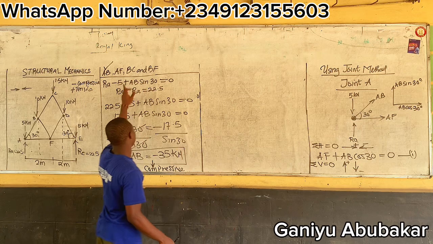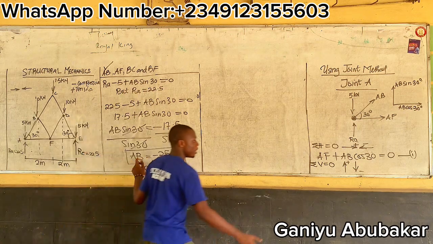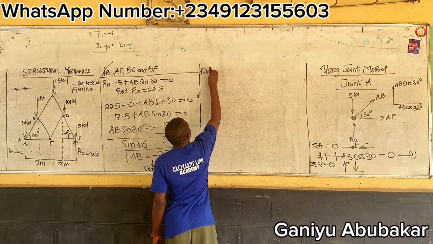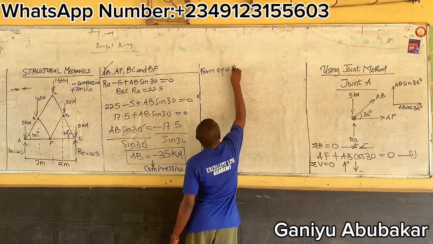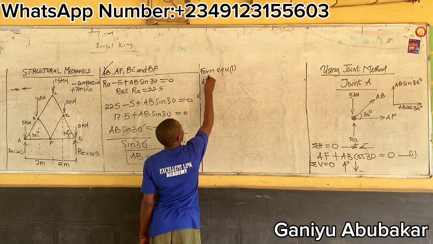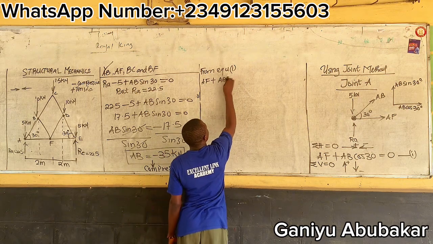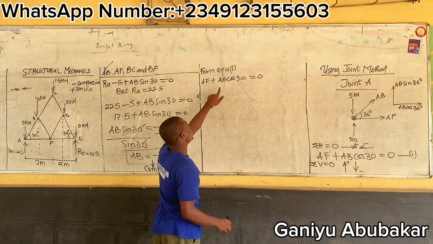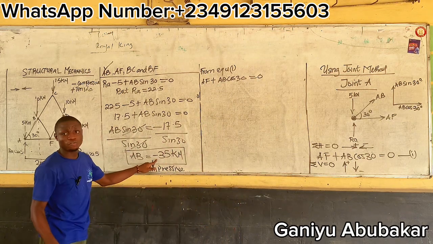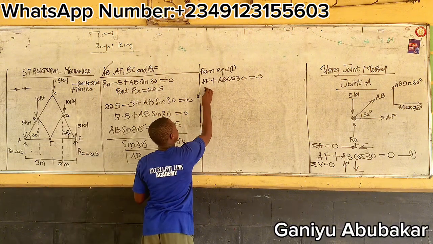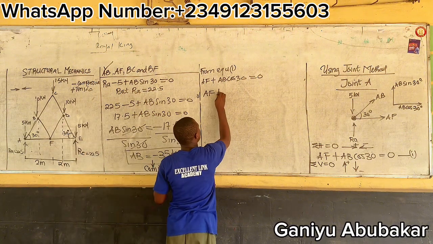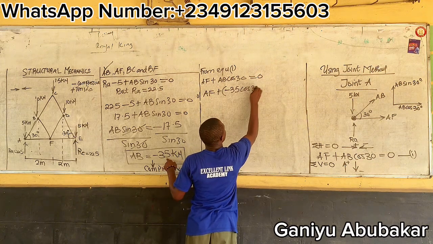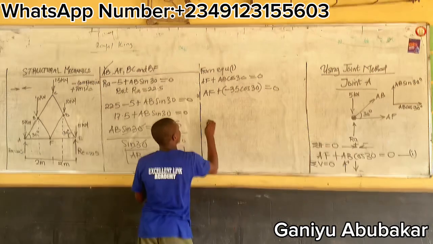Second question. I've gotten AB. Just put AB here to get AF. So AF plus AB cos 30 equal to 0. We know AB as negative 35. So AF plus negative 35 cos 30 equal to 0.